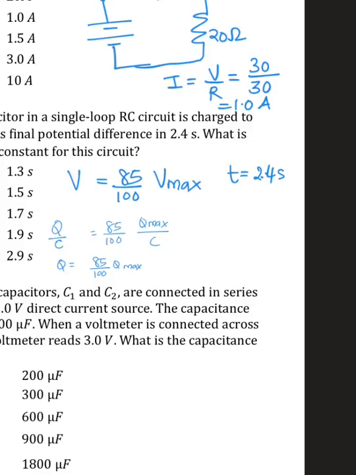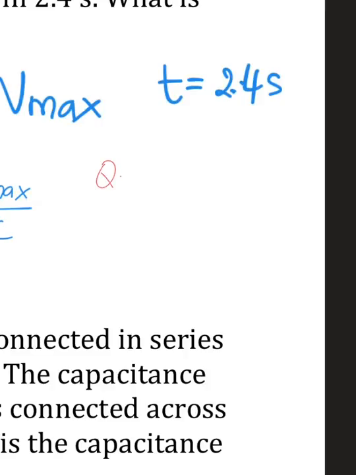So we will now apply the formula for Q. Q is equal to Q max times 1 minus e to the power of negative t over tau.